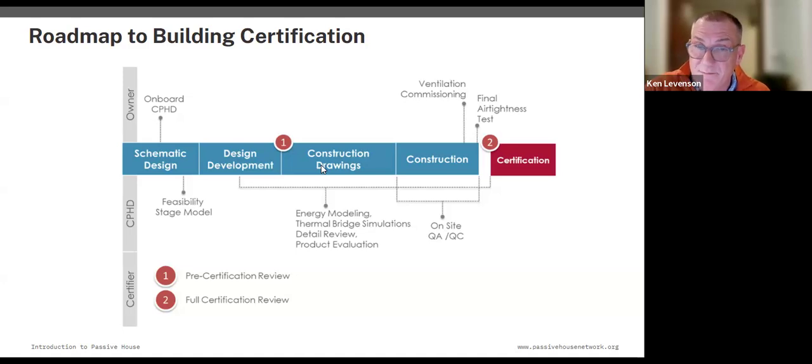The certification is based on the PHPP, the energy model, and the drawings and the details and the specifications as built, not as designed. Hopefully, if you design it and you build it as designed, no problem.